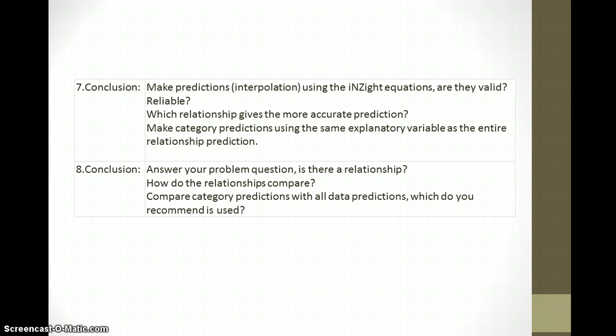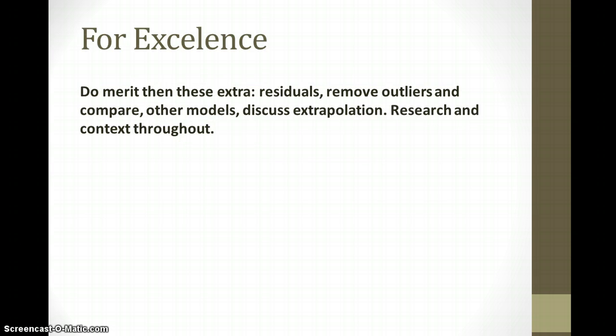And then excellence is merit plus the graph of the residuals, which I'm talking about next, plus removing outliers, re-plotting, and then comparing with the original equation. Okay, so those that did excellence last time round, you'll know how to remove variables.